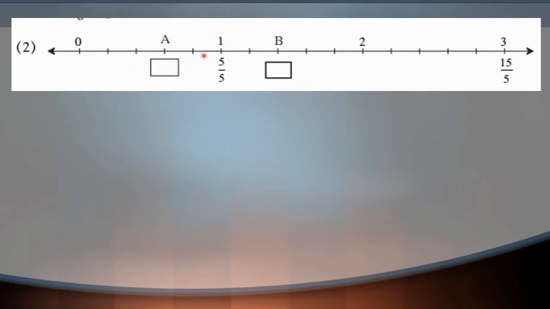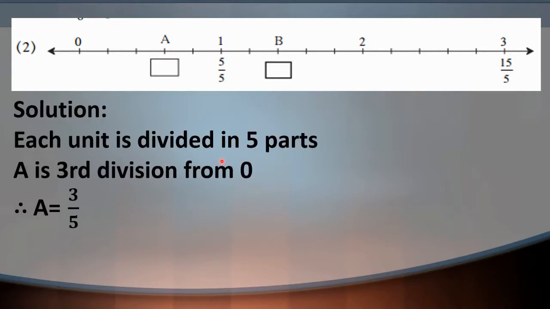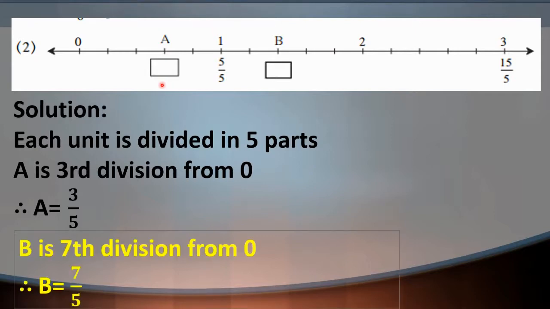So we have to find out A and B. So here in solution each unit is divided in 5 equal parts. So A is the third division from 0. So A is equal to 3 by 5 and B is the seventh division from 0. Therefore, B is equal to 7 by 5.